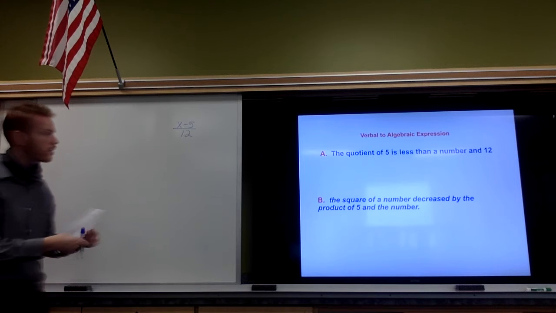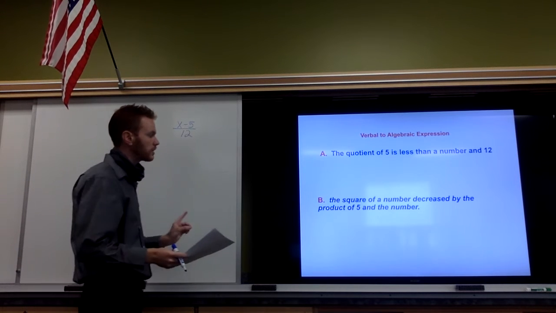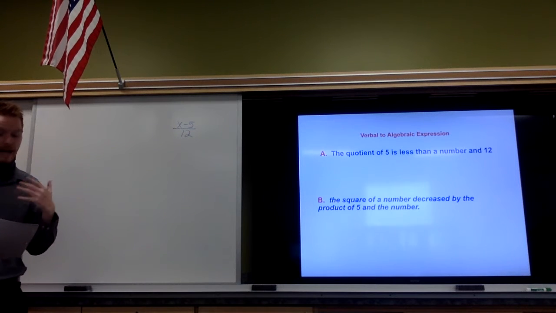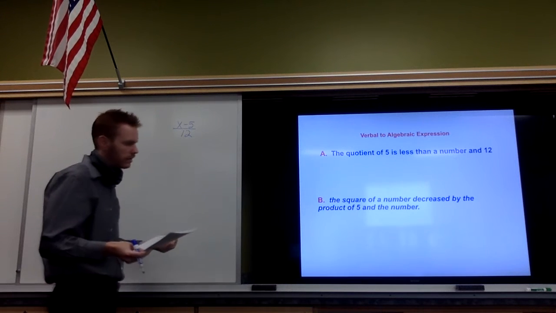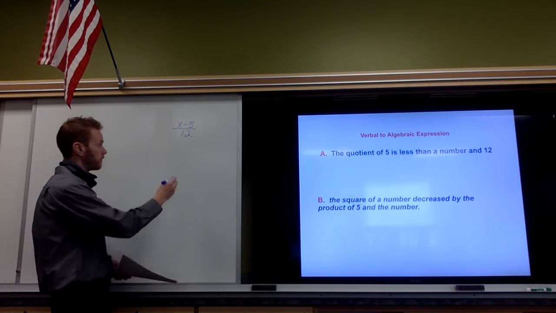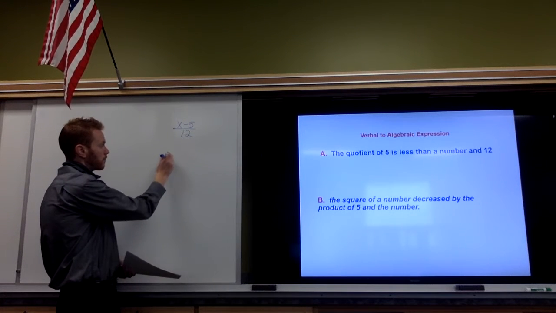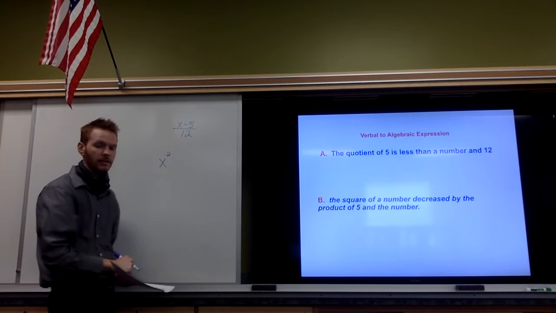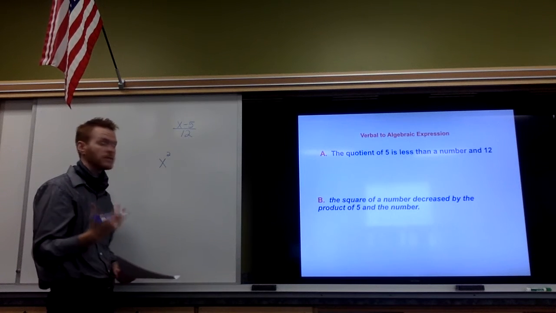Next, the square of a number decreased by the product of 5 and a number. Now, I don't know what the number is, so I'm just going to go ahead and use x. Square means there's an exponent involved. So square of a number, there's the first part, decreased by. Now, decreased means subtraction, right?